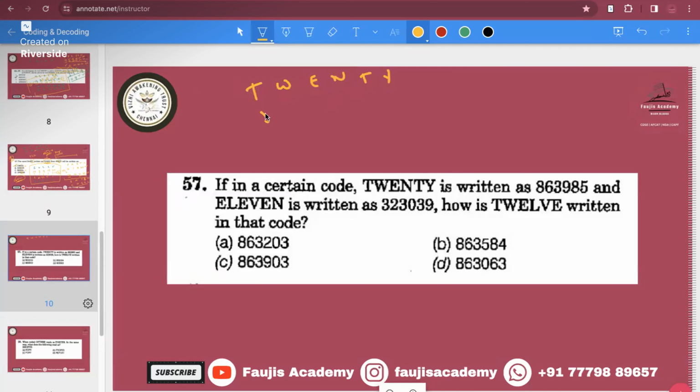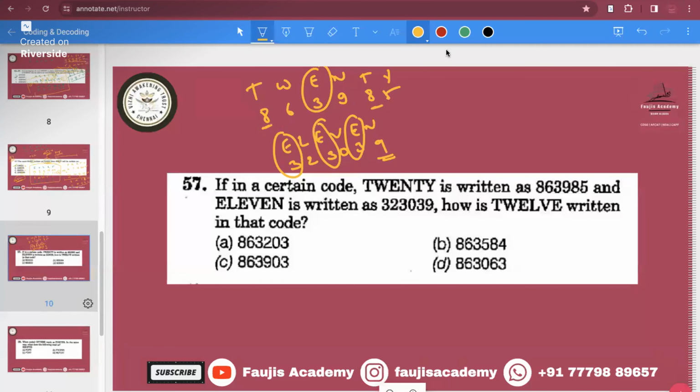TWENTY, this is 86985. ELEVEN is 323039. That means E is your 3 for sure. Basically, this is the code they have already given to you. Just plug in these values.